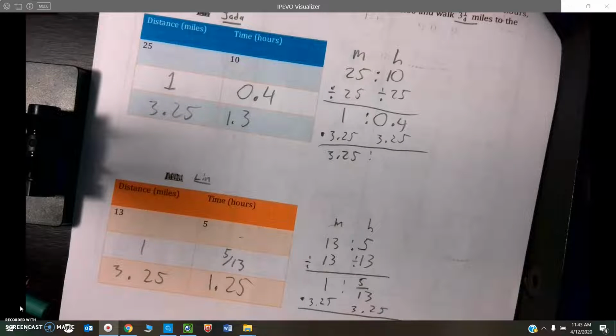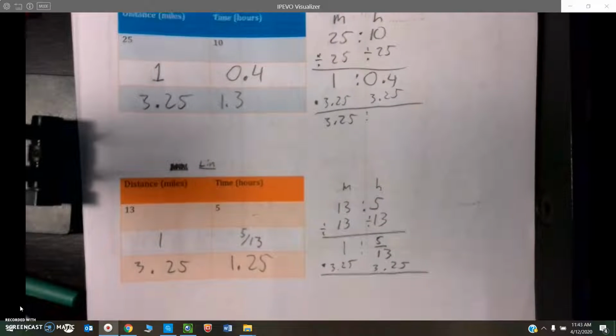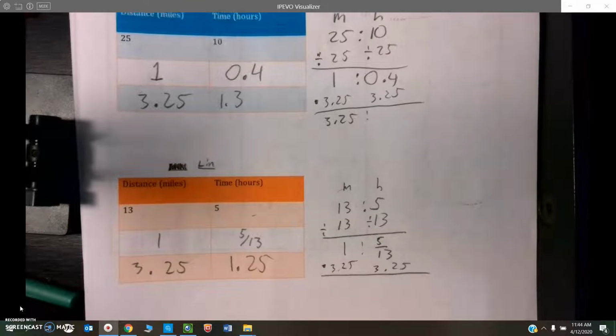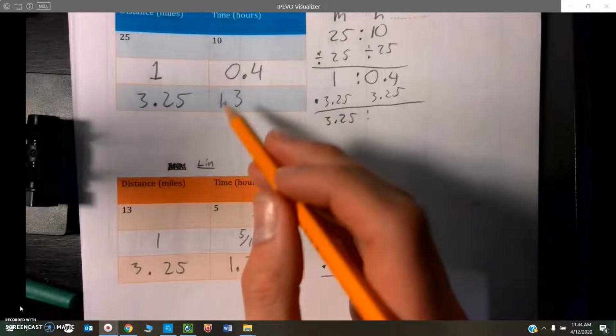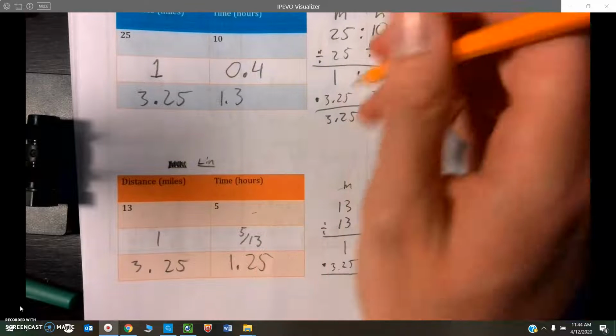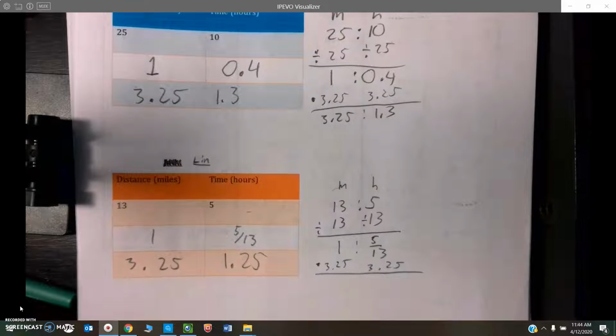But that should sound kind of funky, right? Because we don't really talk about time in decimals. So we want to convert this into hours and minutes. I already know this is 1 hour, but how many minutes is 3/10?